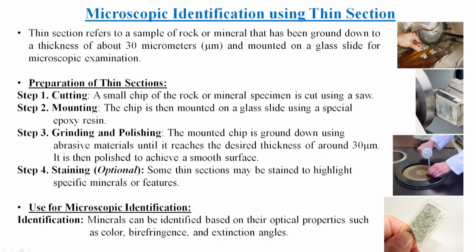For example, cleavage, we'll be discussing cleavage in a bit, but we can see cleavage, we can see fractures, we can see inclusions of some other mineral within a particular mineral, and we can also look at the interference figure of different minerals to finally ascertain in which crystal system, like we discussed in our earlier lectures, your mineral belongs.